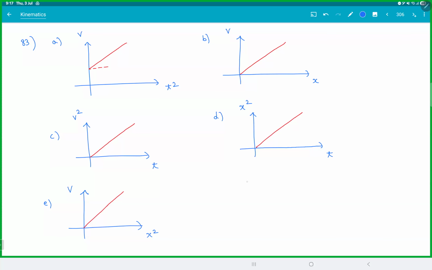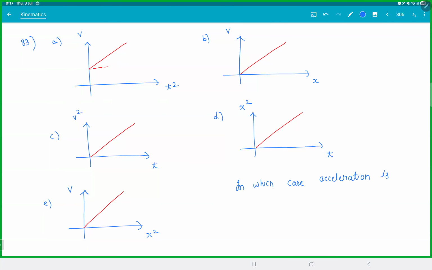So among these 5 options, describe the acceleration. Is it uniform or non-uniform? In which case is the acceleration uniform, or non-uniform?